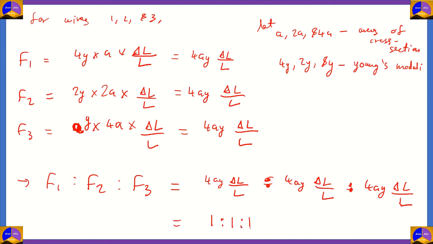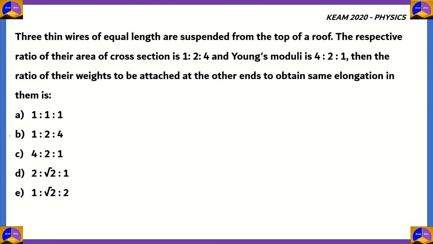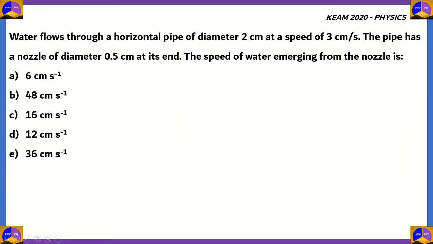The ratio of the weights attached to each end of the 3 wires is 1:1:1. A similar amount of weight is attached to all 3 wires in order to exert equal force on them. So the correct answer is option A, 1:1:1. Let's look at another question for physics.